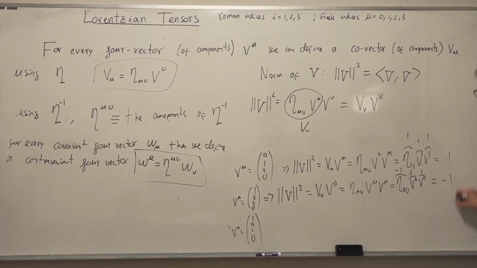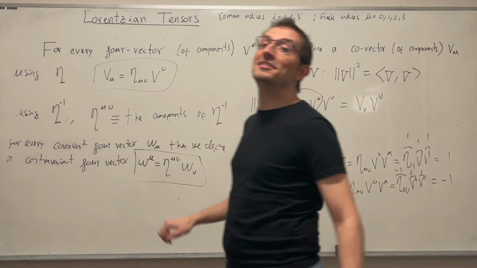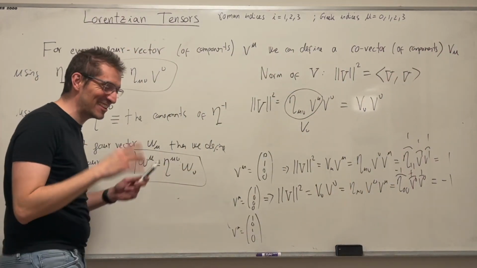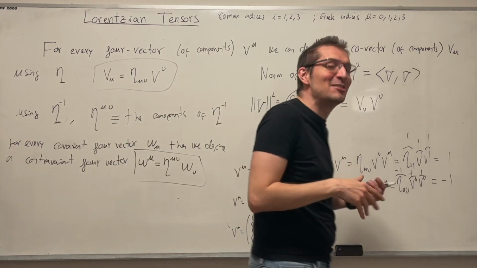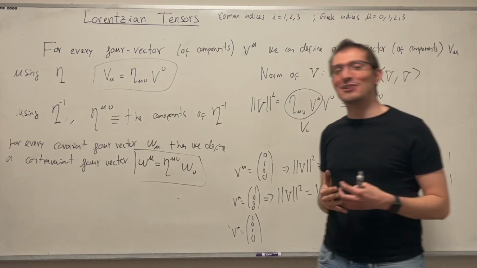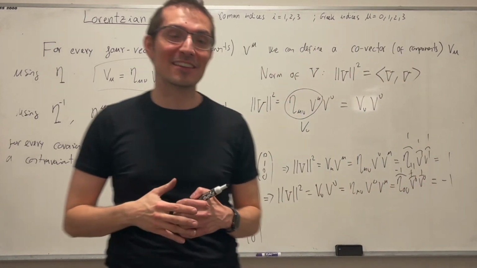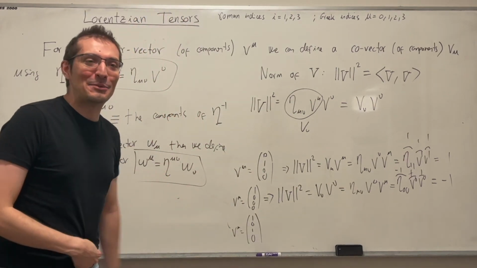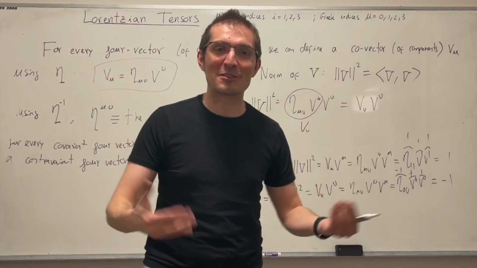So this thing is minus 1. So that thing has norm square that is negative. Aha! So it is something that in Euclidean spaces is not allowed. The norm square cannot be negative, but in Lorentzian spaces, we relax that and we allow it because otherwise we can't do the structure of spacetime.